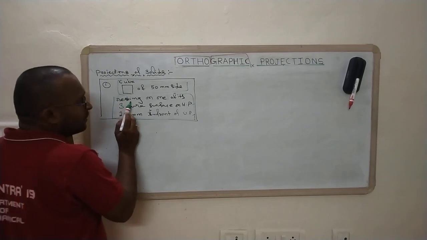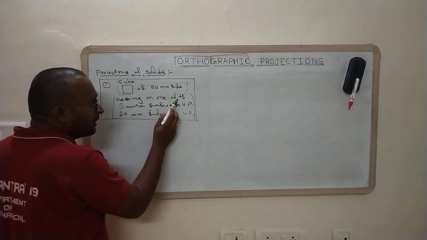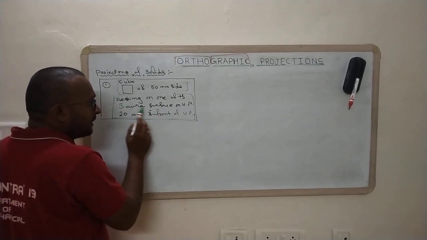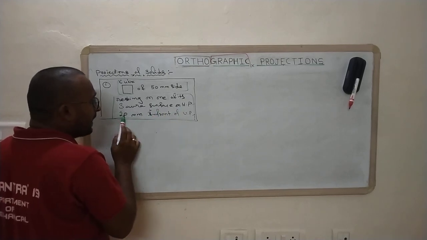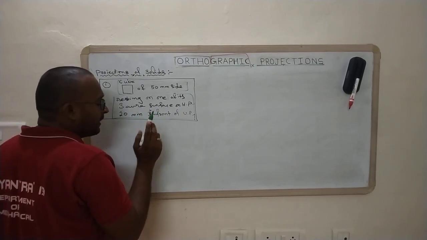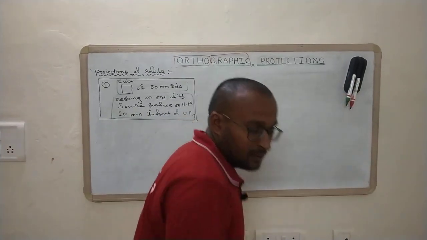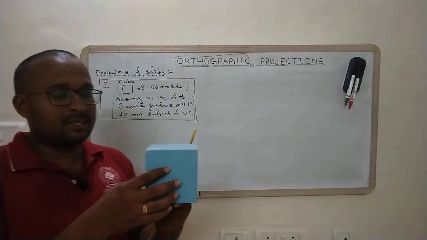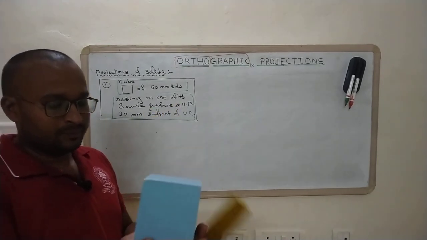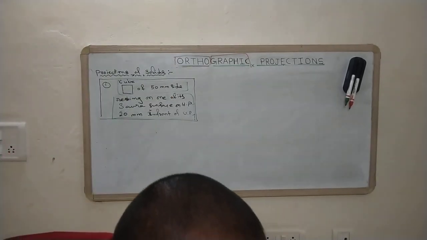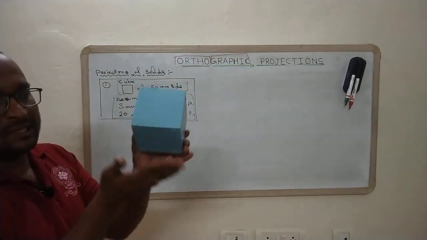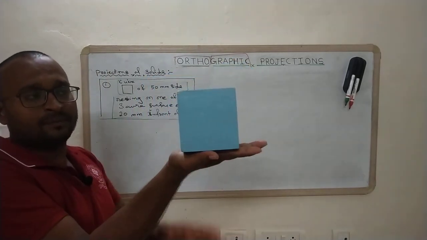One of its square faces is resting on HP, and it is 20 mm in front of VP. We can observe that this is a cube resting with its square surface on HP.